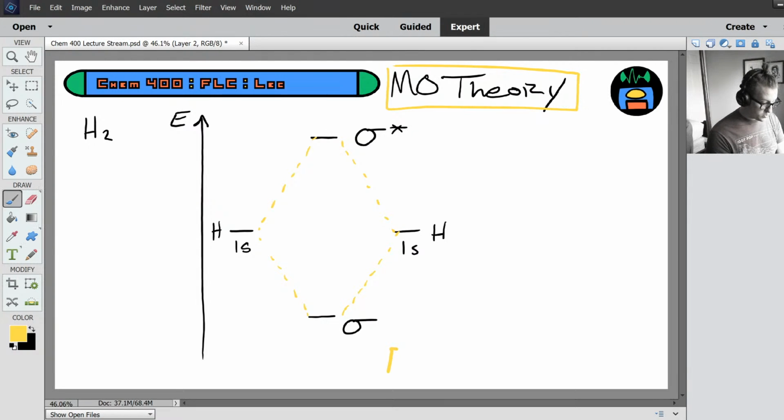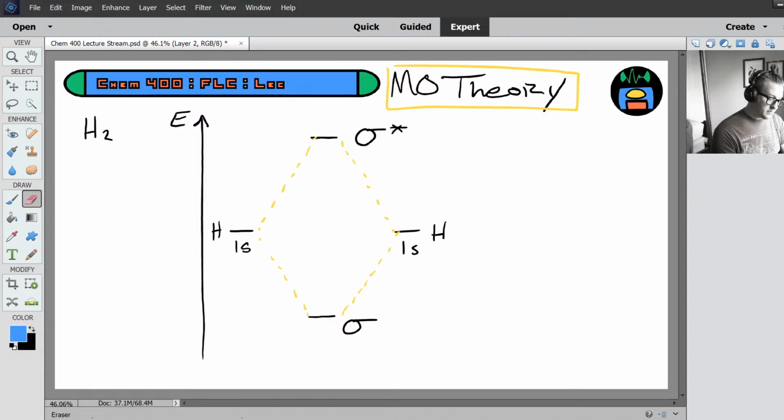Those dashed lines signify that our sigma and sigma star orbitals form when we mix our two 1s orbitals together. And as we talked about at length on Wednesday, when you mix two orbitals, you make two orbitals. So we mix two 1s orbitals, and that's why we get a sigma and a sigma star.